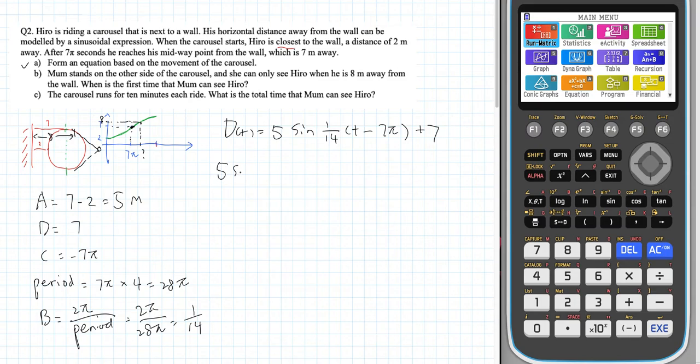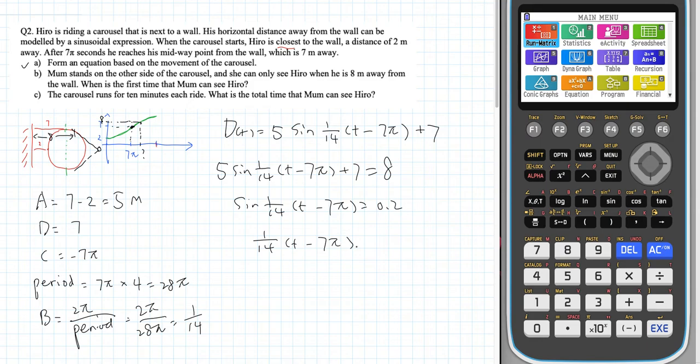So hence the whole equation equals 8. So sine of (1 over 14 t minus 7 pi) should be equal to, you have minus 7 over there, so that becomes 1 divided by 5, which is 0.2. So hence it gives us a principal value.